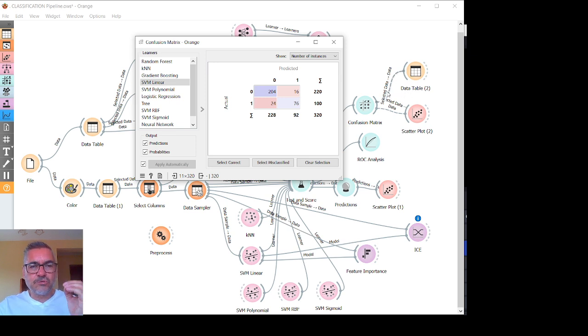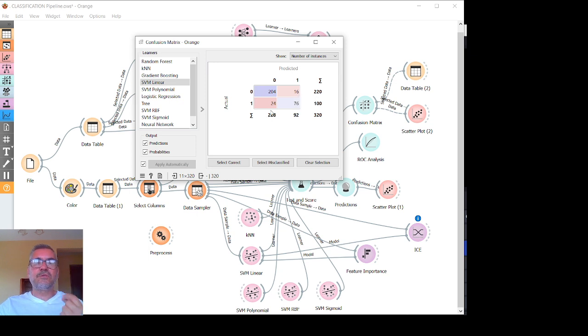As you can see here, the total misclassifications according to this model out of the 320 observations are 24 actual ones that we predicted as zeros, and 16 actual zeros that we predicted as ones.